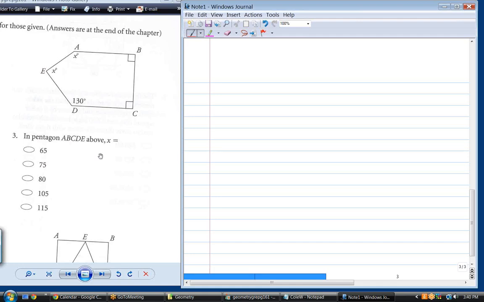What's the sum of the angles of a pentagon? 360. Remember, that's the formula for the sum of the angles. It was 360 for a quadrilateral. This is a pentalateral, or a pentagon. So substitute 5 for n.